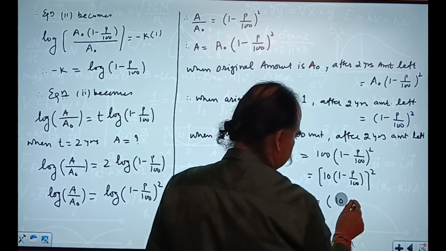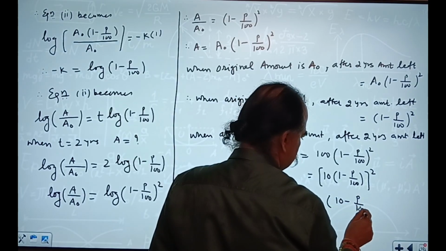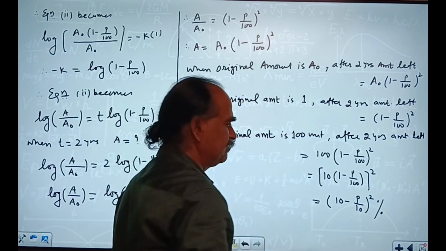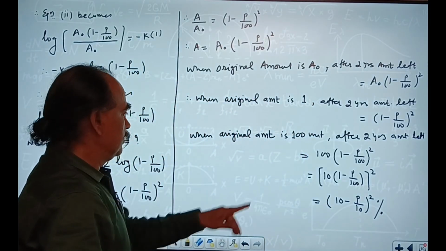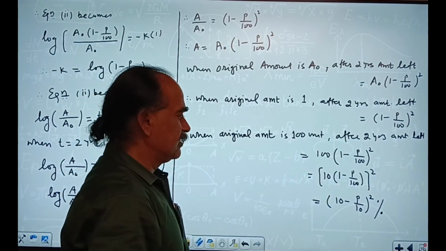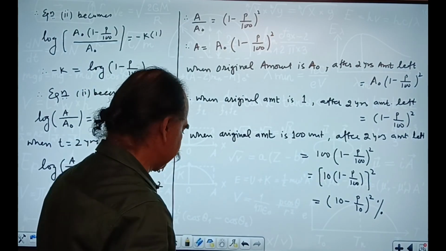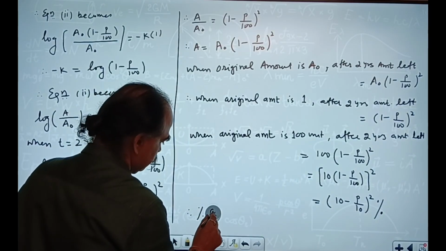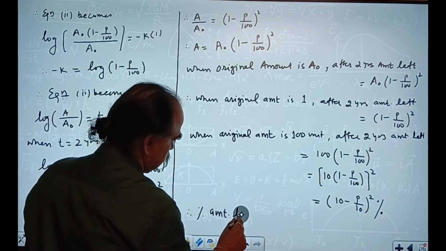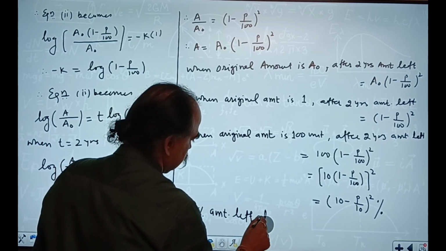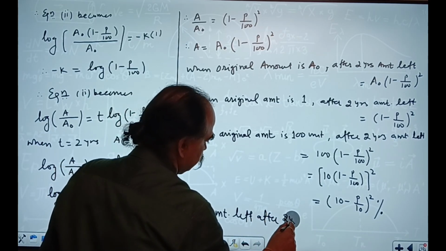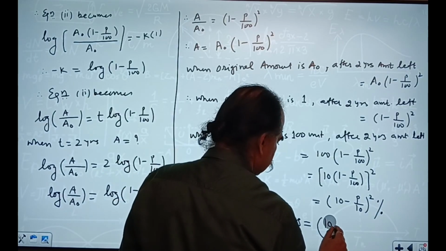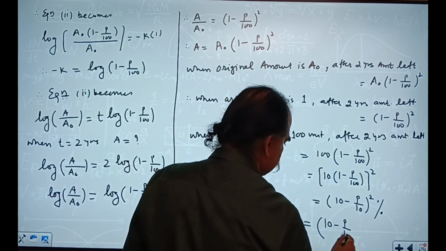Now this is in percent. So this is the percentage amount left after 2 years, which is equal to 10 minus P by 10, whole square.